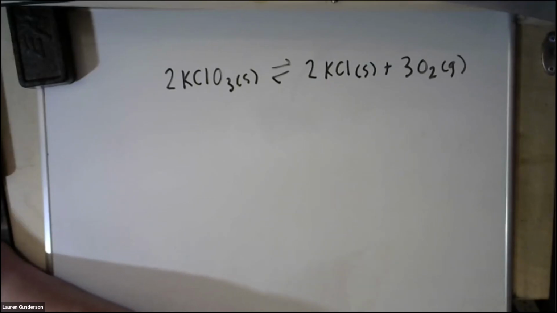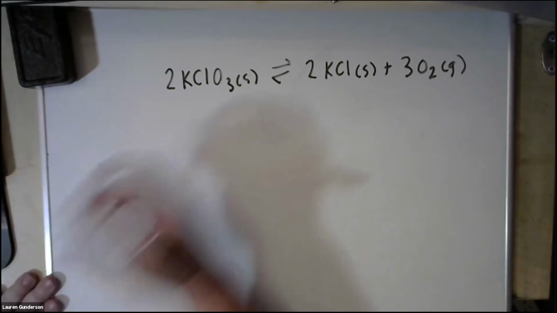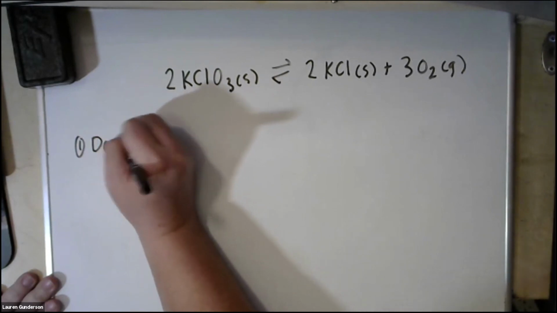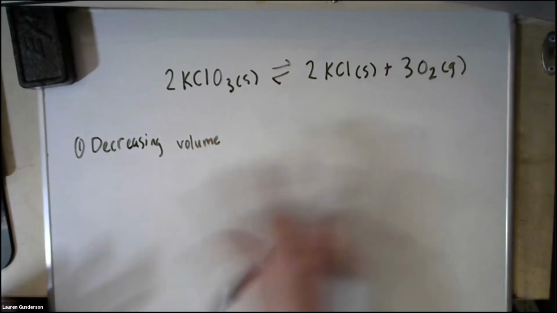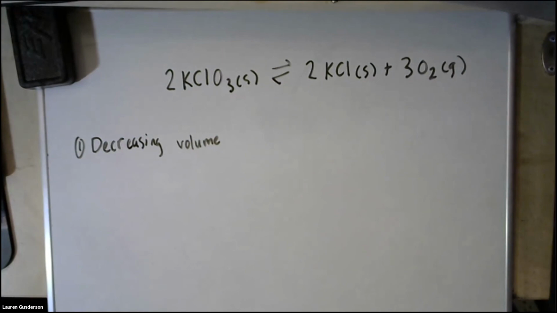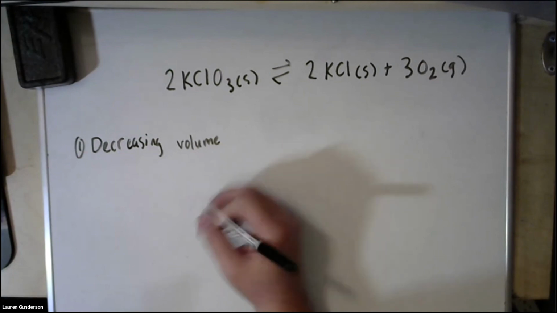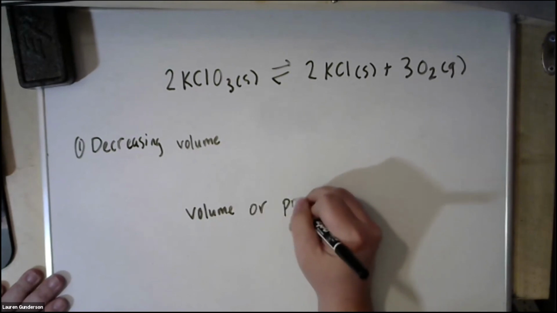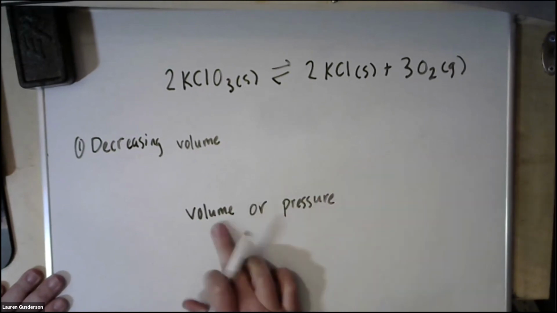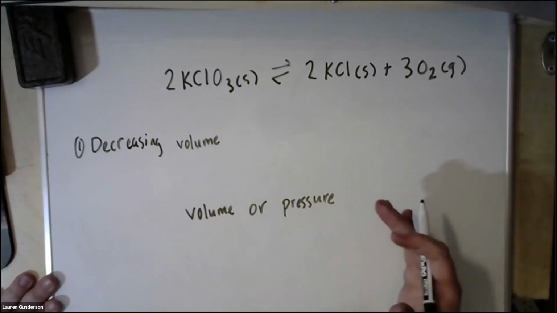So the first question asks us, what is the effect of decreasing the volume of this reaction mixture? When you're looking at changes in volume or pressure, what you're going to want to focus on is the moles of gas that are on your reactant and product side.